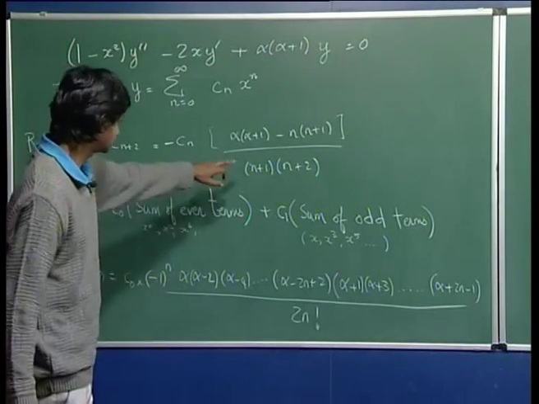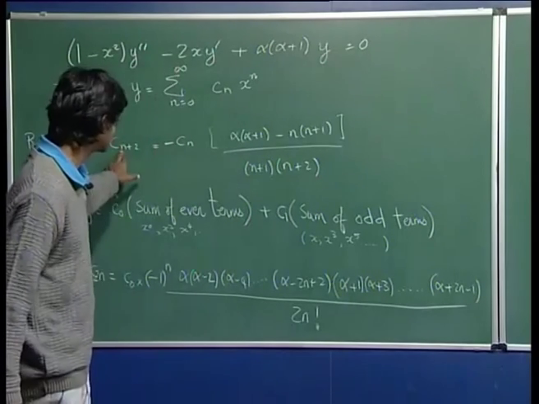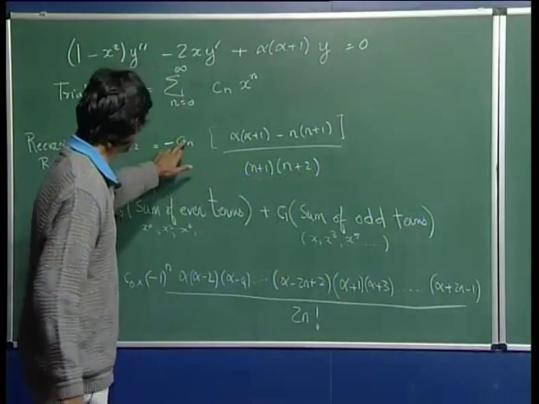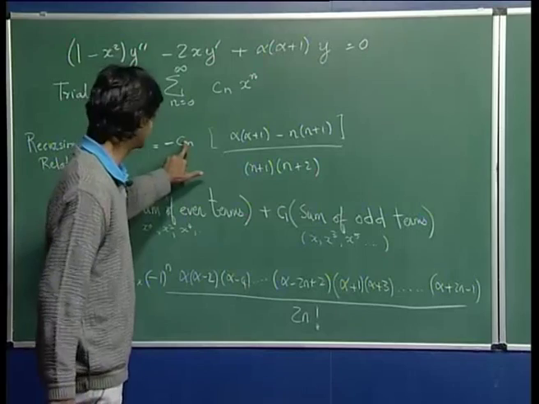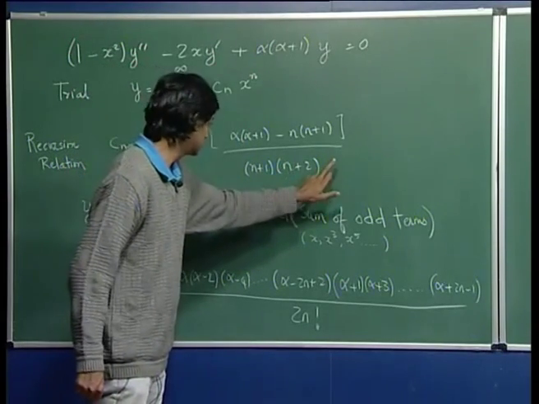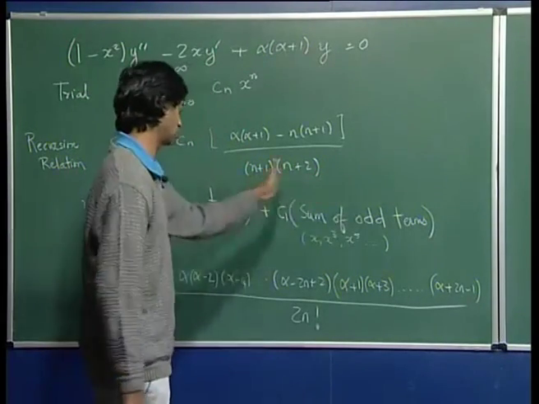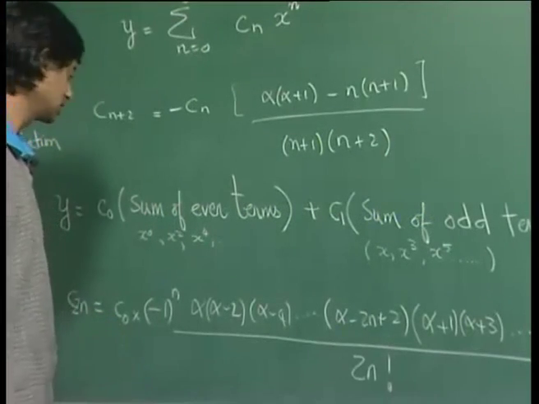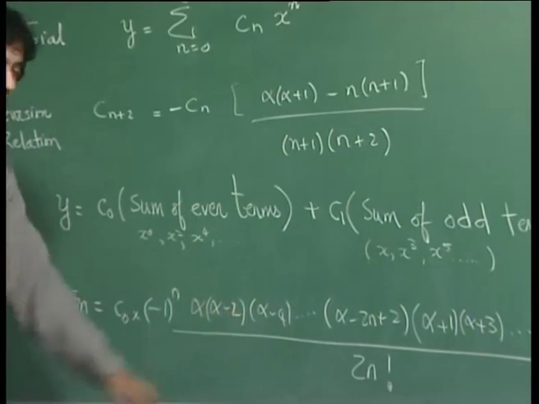Essentially, when you write C_(n+2) in terms of C_n, you have an (n+1)(n+2). Then when you write C_n in terms of C_(n-2), you have n and n minus 1 and so on. When you keep doing this all the way to C0, you get 2n factorial.